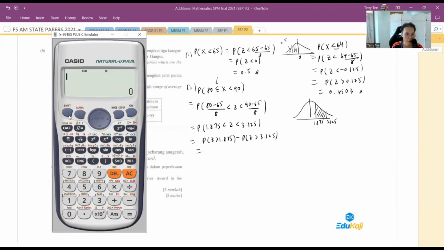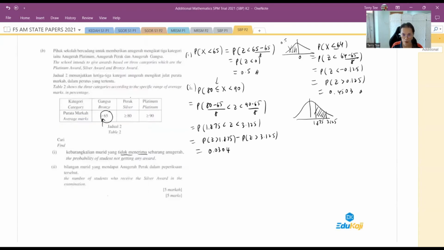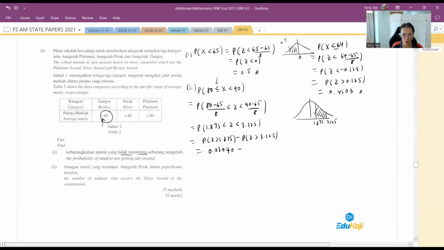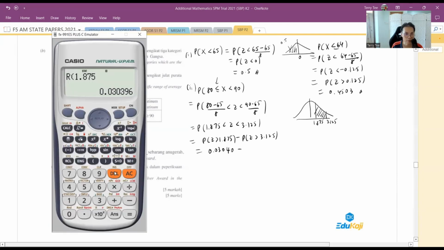If you're using this calculator, shift 1 for stats, 5, 3 for R, 1.875. I got 0.0304. You probably want to use more decimal points. For 3.125, this is a very small value.